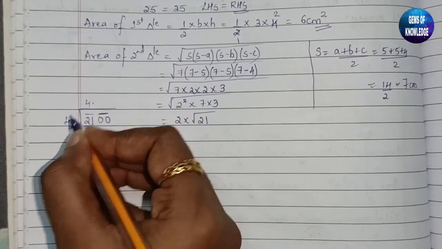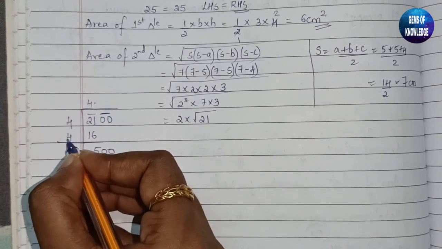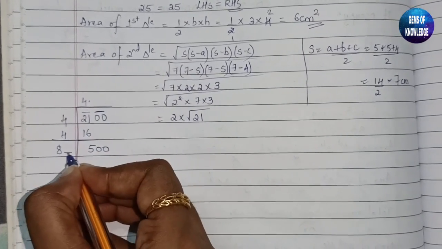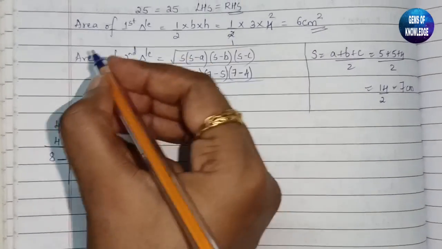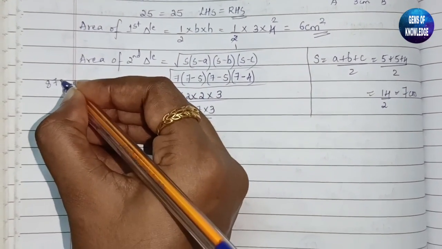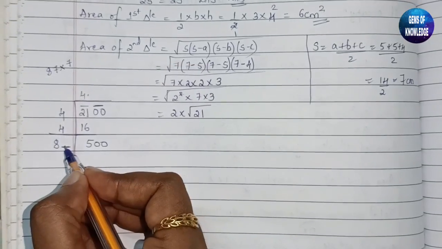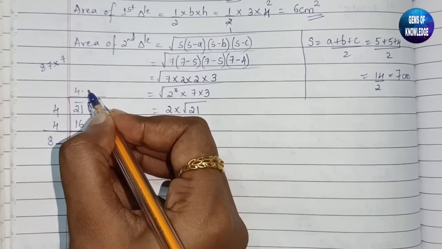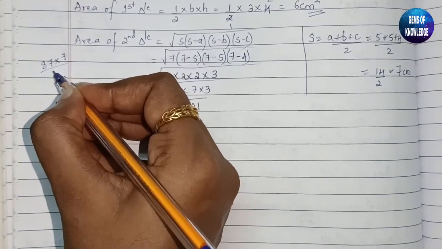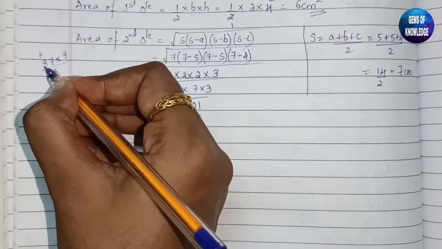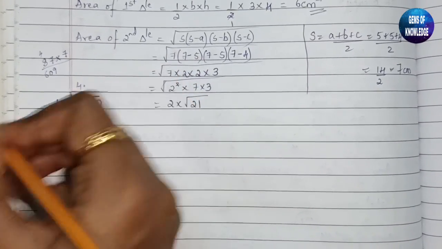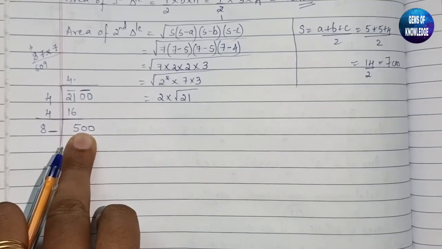Now this 4 we need to add here, it will be 4 plus 4, 8, and we need to add some number here so that it goes with this number and we get the least number. So take 87 into 7: 7 7s are 49, 7 8s are 56, 56 plus 4 is 60 9, which is greater than 500.